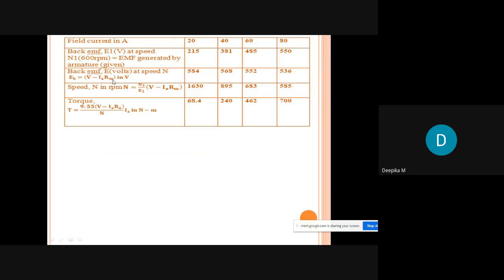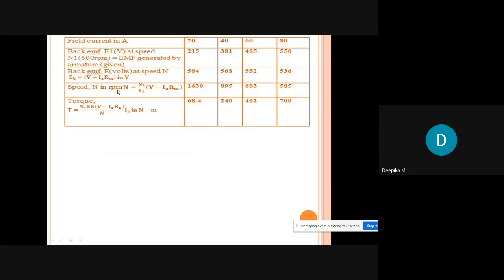So therefore, V minus Ia Ra, that is 600 minus 20 into 0.8, which is nothing but 584. Again, for the next set of reading, the voltage V is 600 again, and armature current is 40, and motor resistance is 0.8 ohm. So substitute, and you'll get the value, which is nothing but 568 volts. So in this way, we have calculated the back EMF.